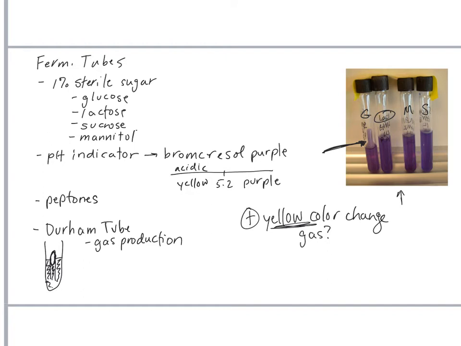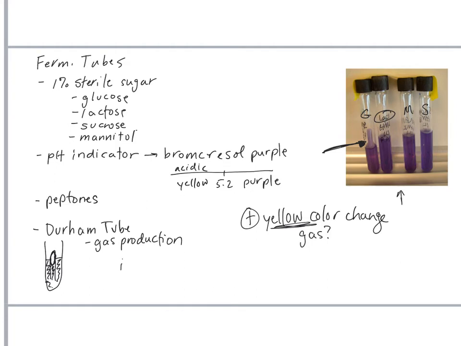Okay, one other thing, why do we only put a Durham tube in the glucose tube? Well, it's a pain in the neck to put in there, but that's not the only reason. We assume that if an organism produces a gas when it uses glucose, it would produce a gas for any other sugar that it fermented as well.